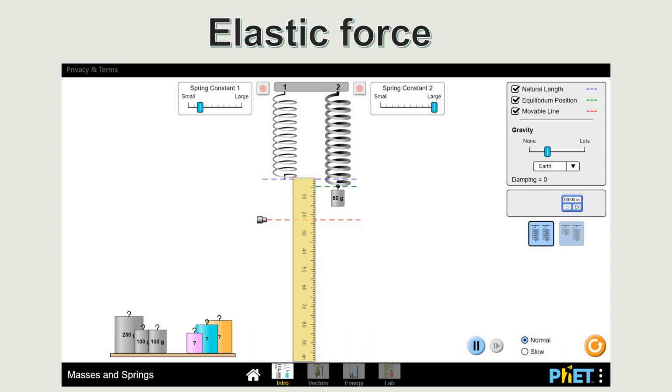Let's see what will happen if we move this one to this one. I don't know why it doesn't want to. Okay, so if you notice, in this one, the extension of the spring, when you apply some mass, will be shorter than here.